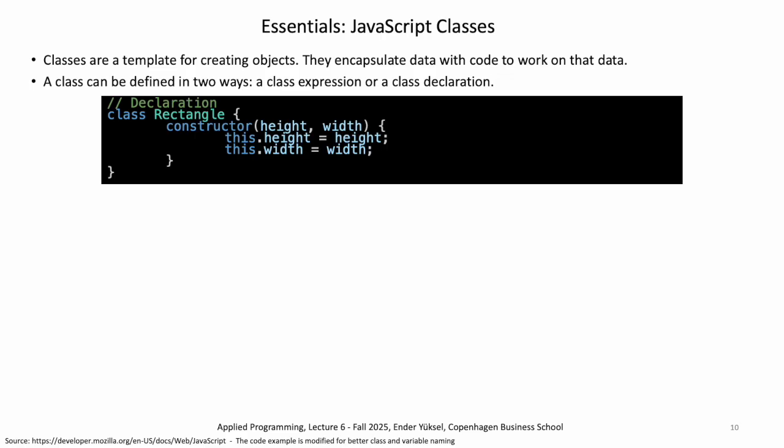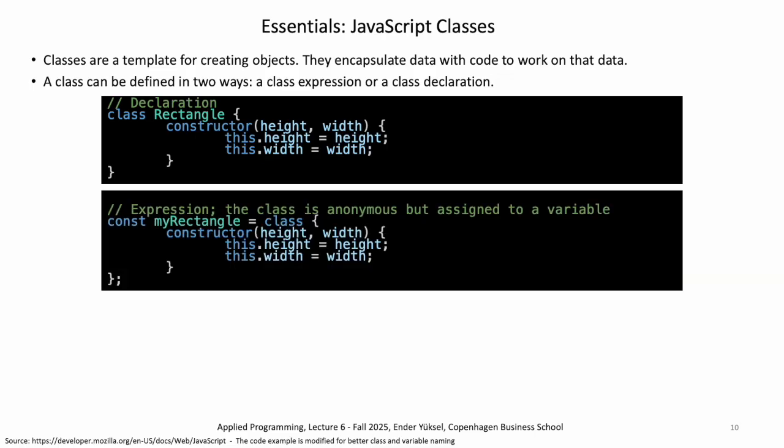In this example, we see class declaration. This is the most straightforward way. You declare a class directly using the class keyword, and here the class is named Rectangle. In the second example, we see anonymous class expression. Here we are creating an anonymous or unnamed class and assigning it to a constant variable called myRectangle.